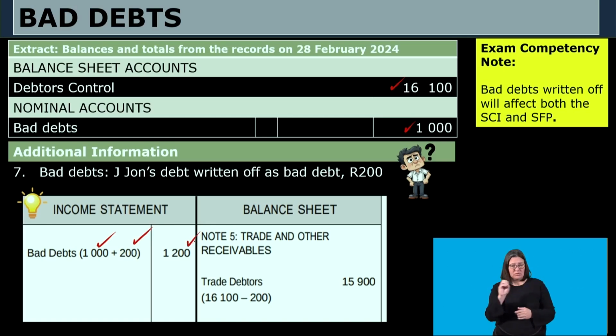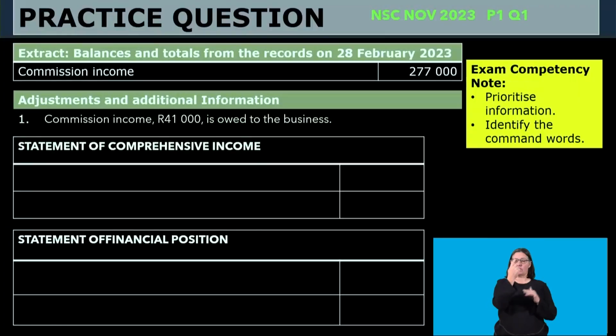But that 200 must still be adjusted in the statement of financial position. Very important. So you come here, you say your debtors control, which is 16,100. You remember this one now. Then you subtract the 200 of the bad debt, and you end up with 15,900.